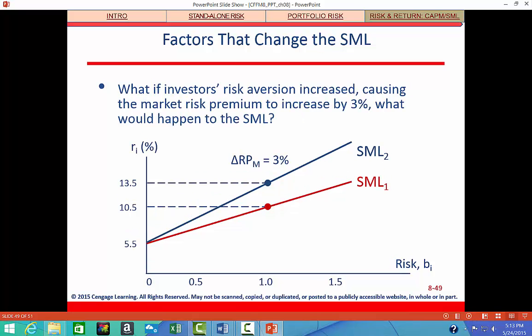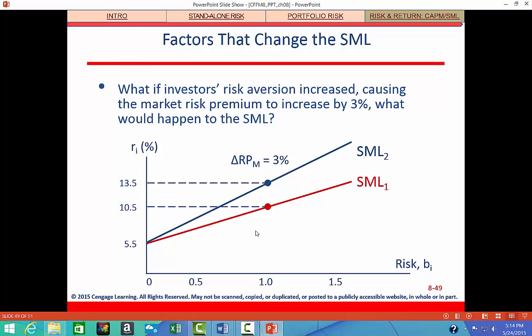And then the other example is, what if investors' risk aversion increased, people became more scared? What if that increased by 3%? Then what would happen? Well, this is a different type of shift. It's where the first line becomes more steep. So you've increased the slope by 3%. So it's not an across the board 3% extra for all of the different stocks for their required rates of returns.